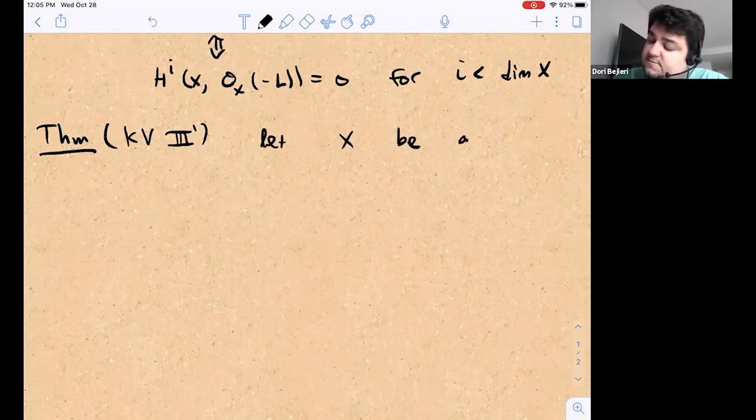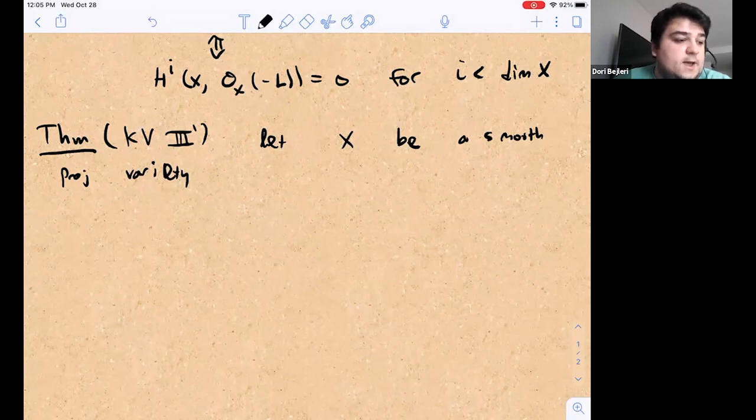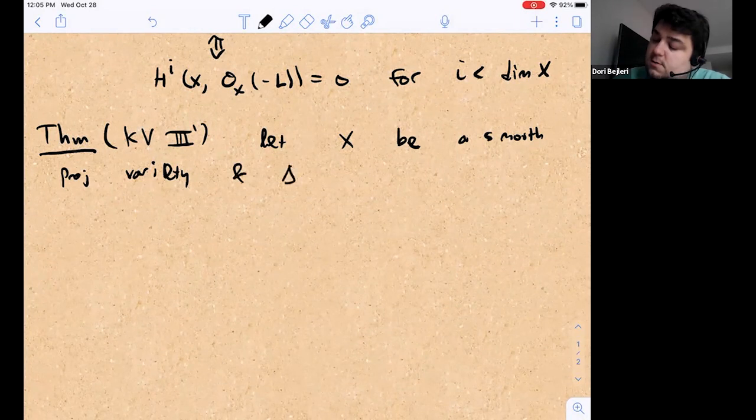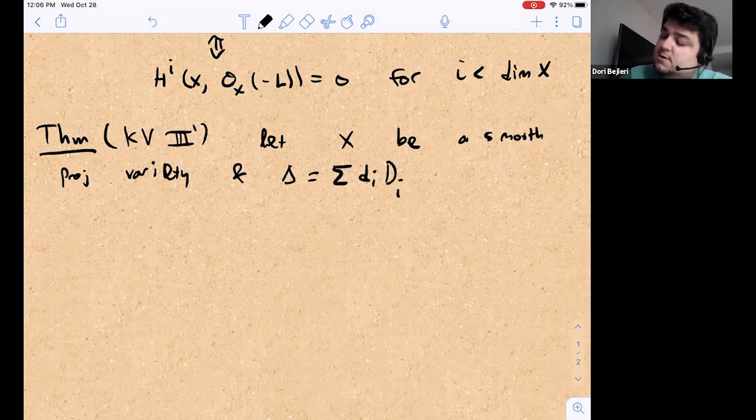Let X be a smooth projective variety, and let's say that delta is some Q-divisor of the form sum of d_i D_i, but now I'm not assuming anything about where the coefficients d_i live. I'm just assuming that it's a Q-divisor. So they don't have to be between 0 and 1.